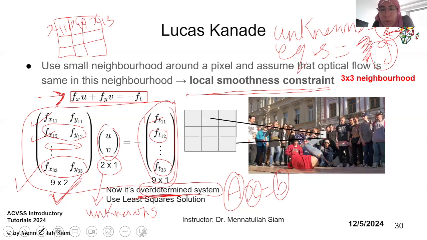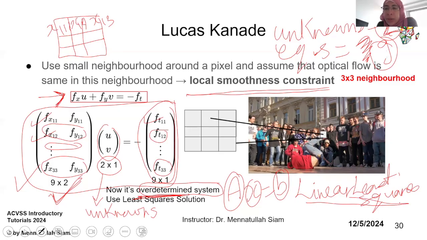So what do I do? Anyone knows what I can use to solve this overdetermined system? No? Okay. I'll tell you that we can just use linear least squares. There are various ways of exactly how to compute it, but at the end, it's just a least squares solution.